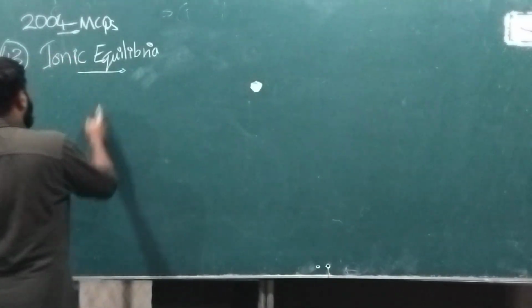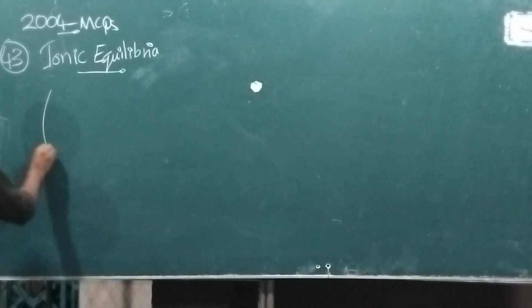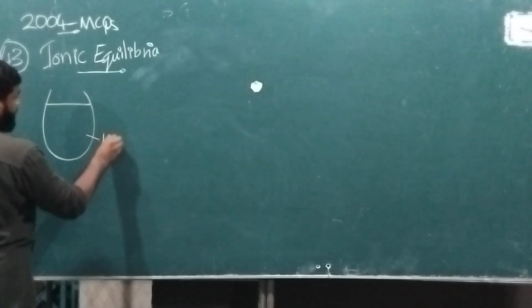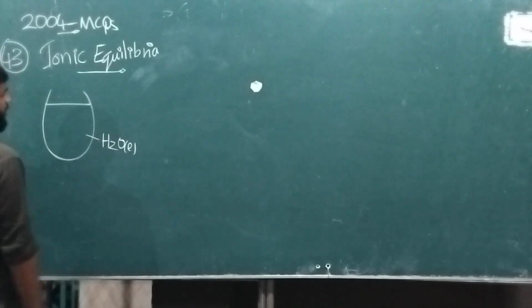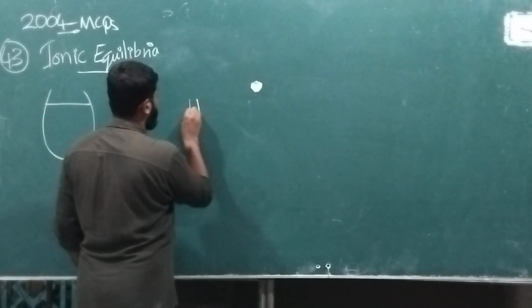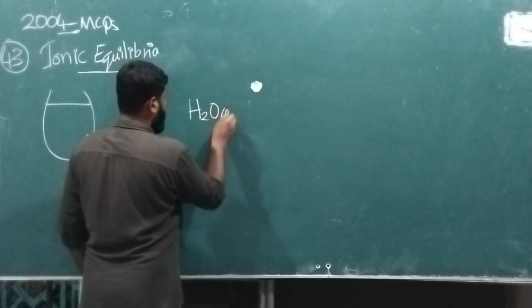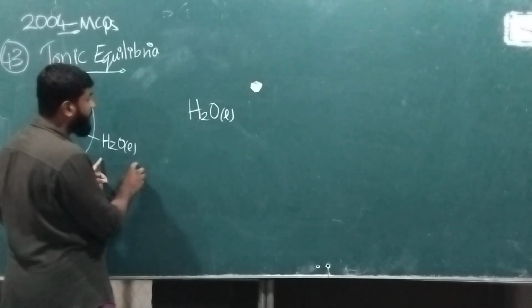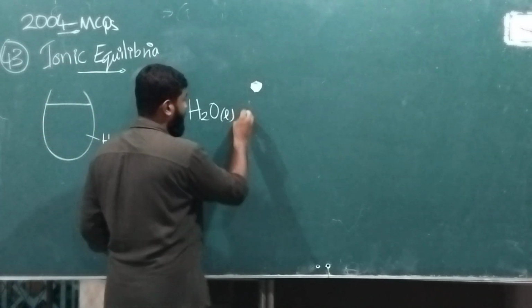But according to the ionic equilibria, there is only liquid water, right? But we know that there is an equilibrium present between the water molecules. Between the water molecules, we have an ionic equilibrium.